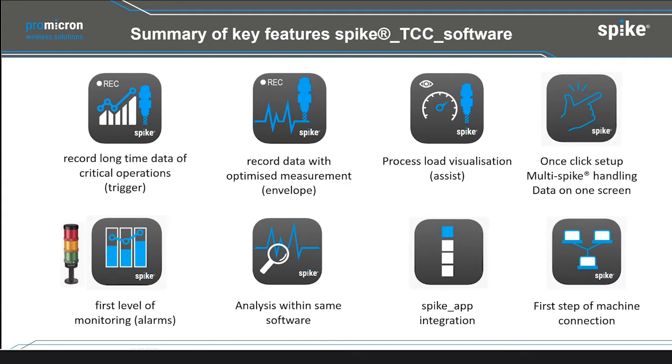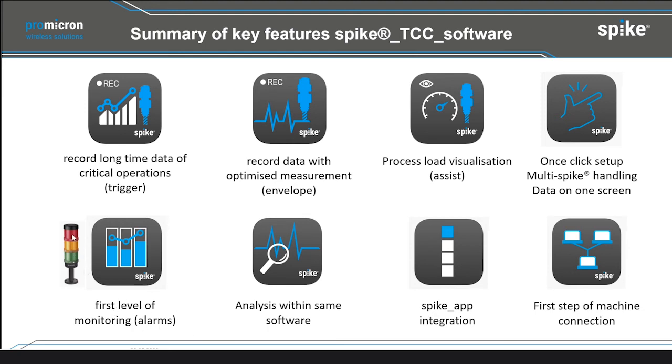These icons should summarize the key features of the Tool Control Center software to you. And this helps you as well to maybe repeat, understand and remember these functions better. We have the trigger function in order to record long-time data of critical operations. We have the first level now of monitoring with alerts.